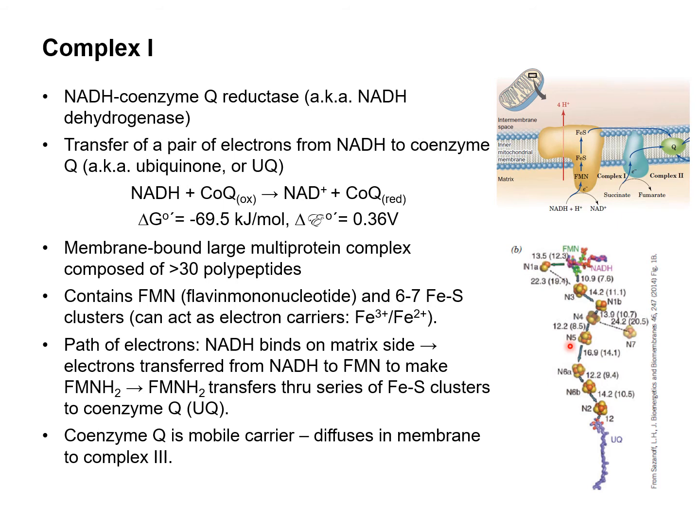They're typically in the 2Fe2S form or 4Fe4S form, but going through the 6 to 7 of them to hand this pair of electrons to coenzyme Q or ubiquinone. And coenzyme Q is a mobile carrier, so it diffuses in the membrane to complex 3, which is the next complex in the path of electron transfer.